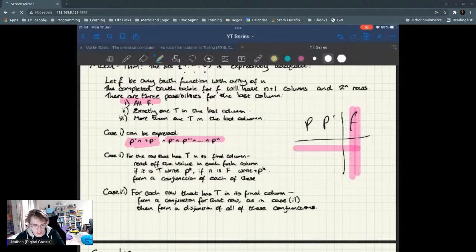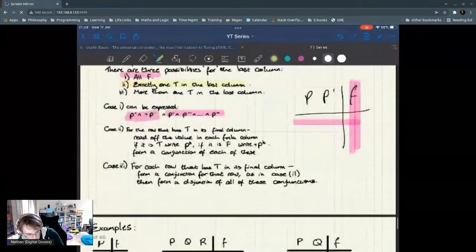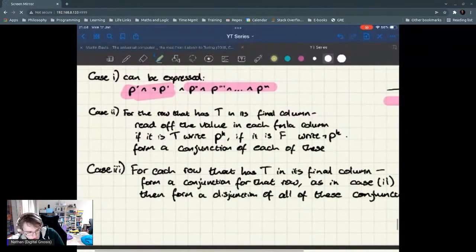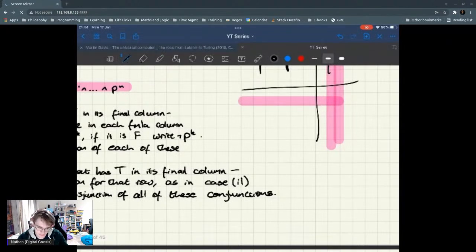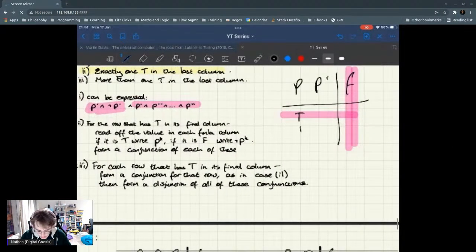I'll use different colors for each of these cases. So, okay, now in our second case, exactly 1 T in the last column. So for the row that has T in its final column, let's say we've got this: true, true, false, false, true, false, true, false, and we've got true, false, false, false.